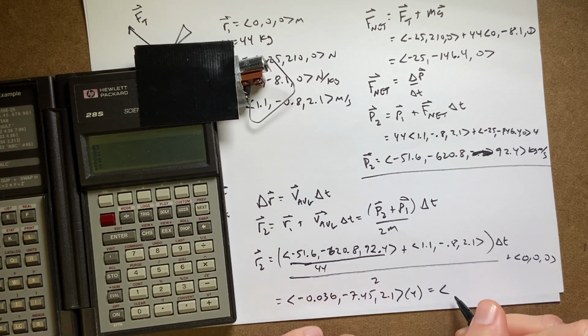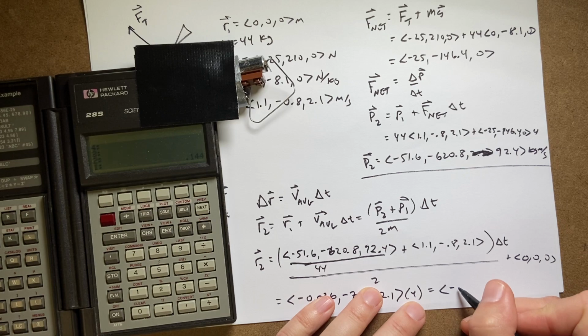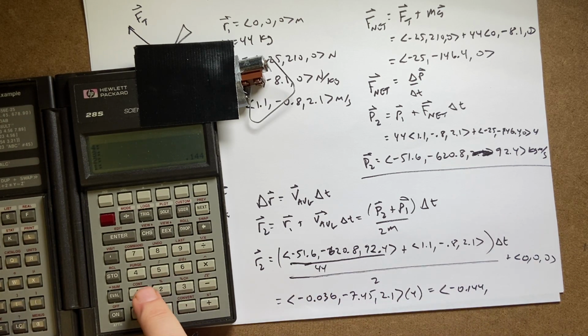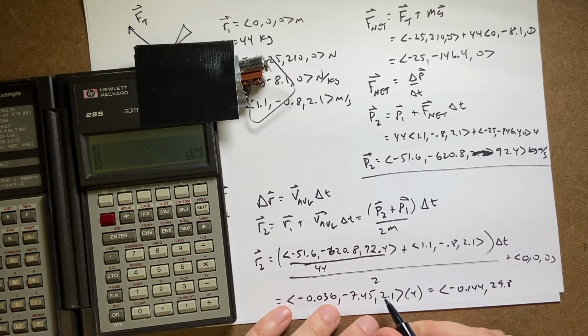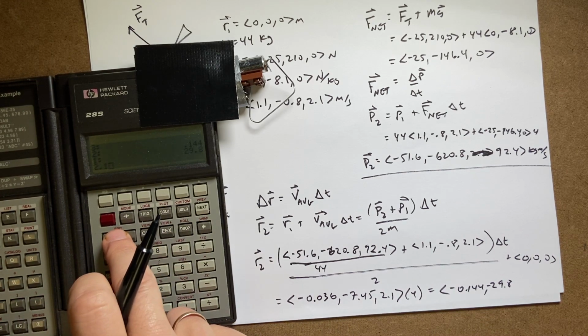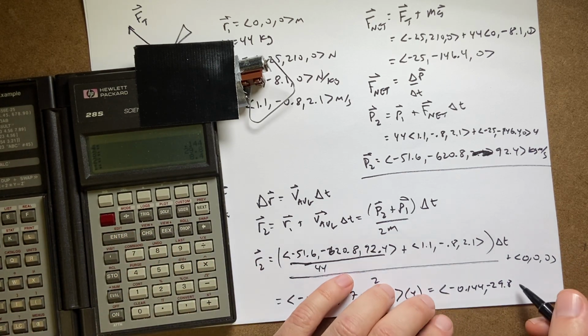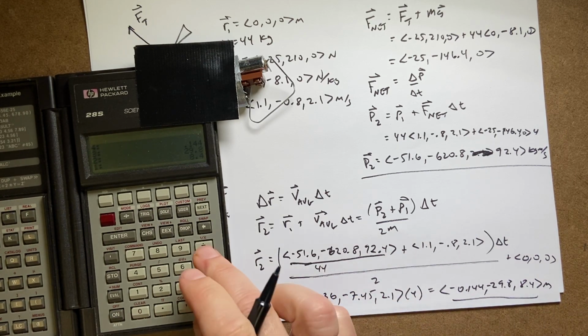So I get negative 0.036 times 4, I get negative 0.144. And then I get negative 7.45, enter 4 times, negative 29.8, and then 2.1, enter 4 times, 8.4 meters. And that's the answer.